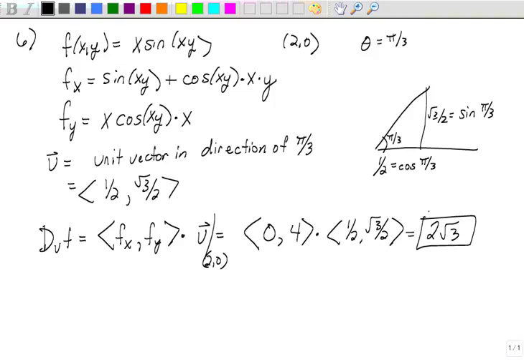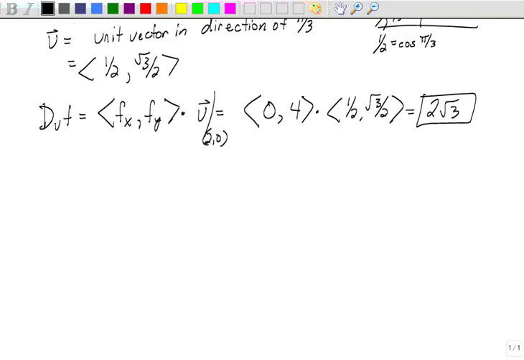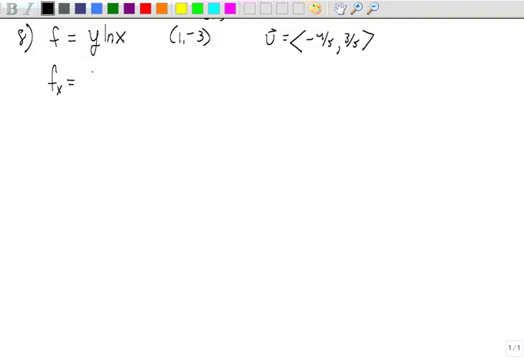Okay, 8. I want to find the gradient of this function at the point 1, negative 3, and the u is negative 4/5, 3/5. So f_x is a constant, derivative of ln x is 1 over x, and f_y is just going to be ln x.